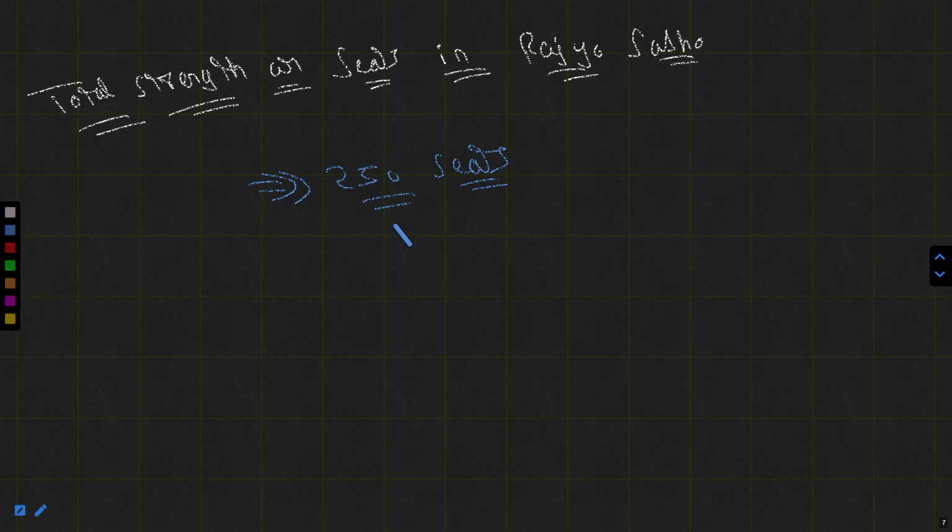All right, out of this 238 are indirectly elected. Okay, which means that these 238 seats are basically open for election.